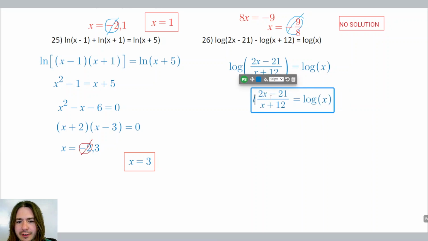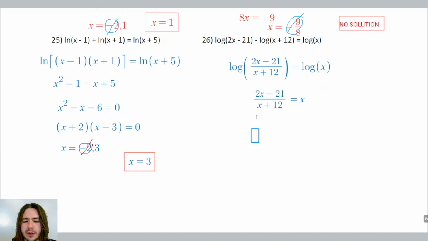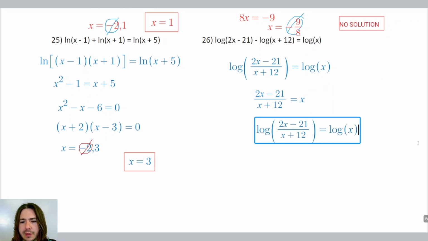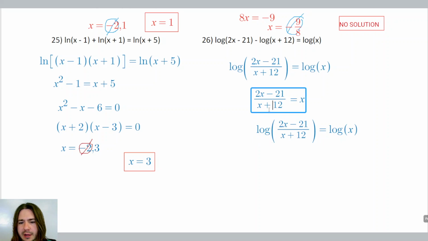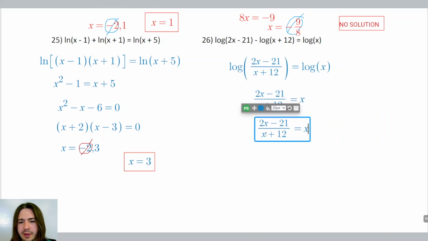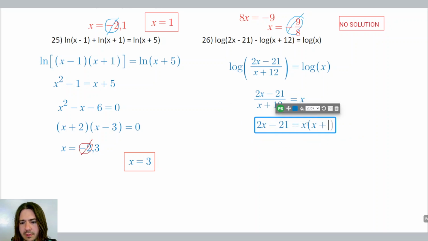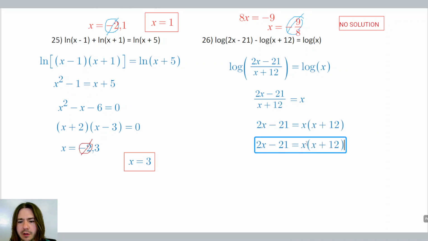Let's get rid of the log over here and the log over here. From here, I want to multiply both sides by x plus 12 so that I get rid of this fraction. And so x times x plus 12 would be x squared plus 12x.